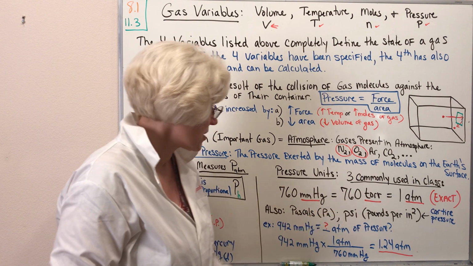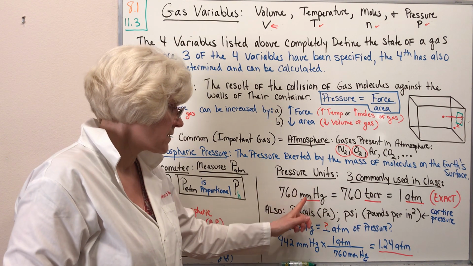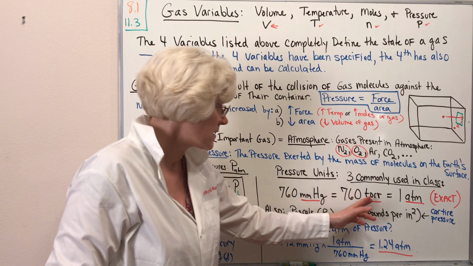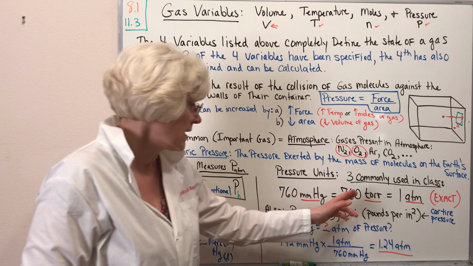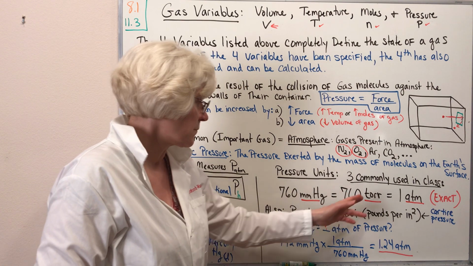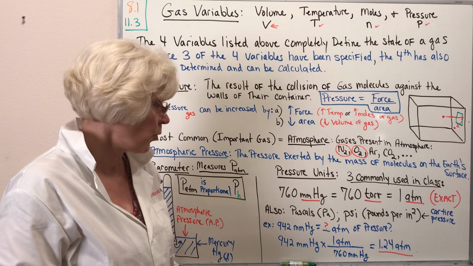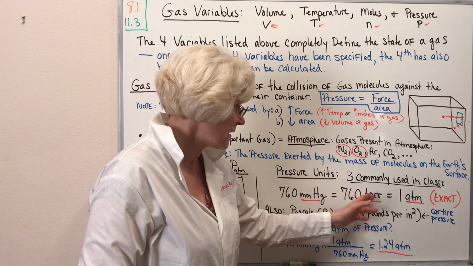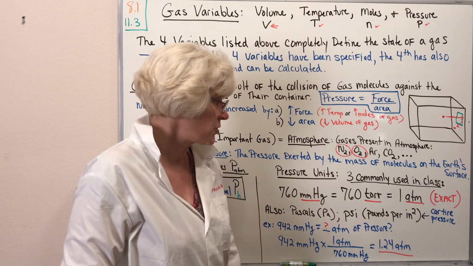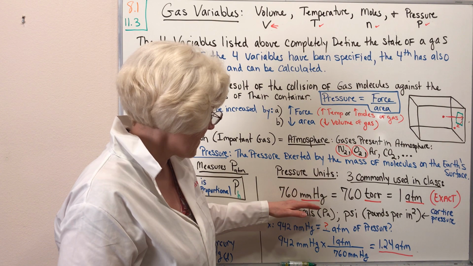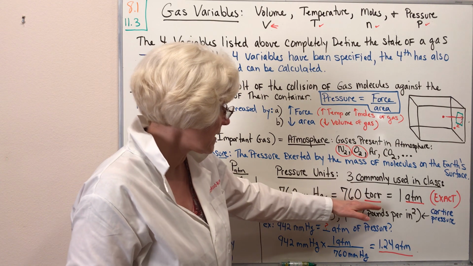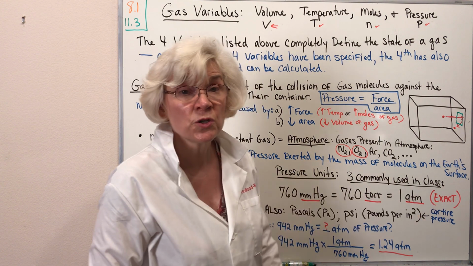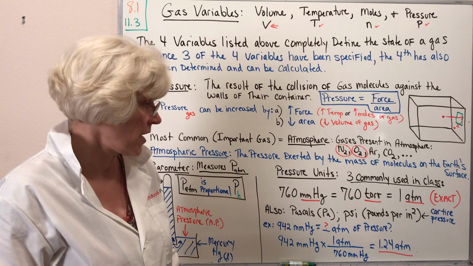So what that relationship tells you is that the unit of pressure exerted by 1 millimeter of mercury is equivalent to the amount of pressure exerted by 1 torr. A millimeter of mercury pressure unit is the equivalent magnitude as 1 torr, right? 760 millimeters of mercury equals 760 torr, and that is equivalent to 1 atmosphere of pressure.